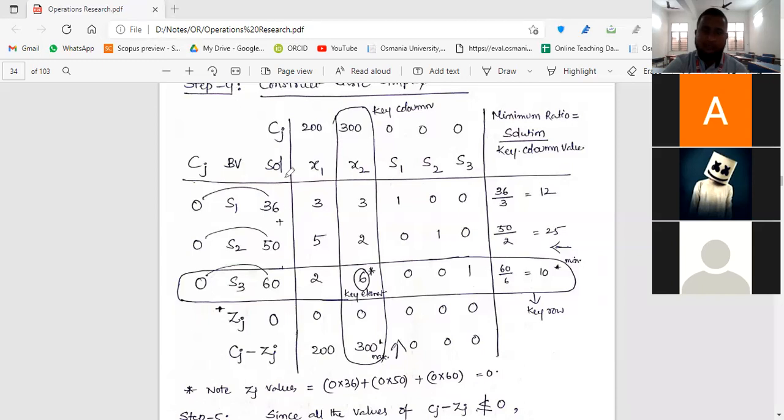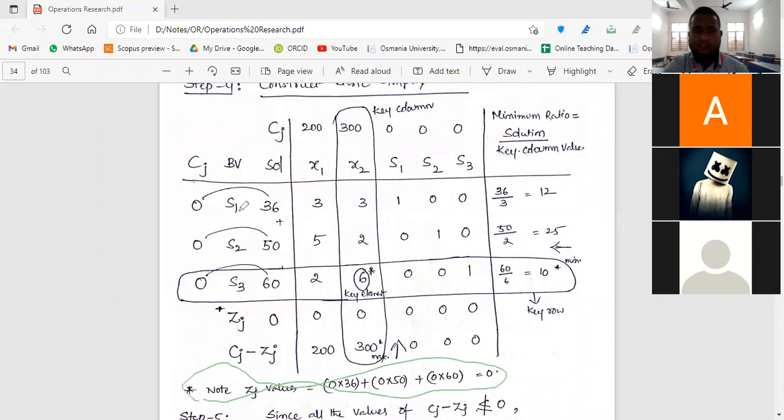Can anyone respond? 0 into 36 plus 0 into 50 plus 0 into 60. 0, correct, because 0 into 36 is 0, plus 0 plus 0. So Zj is 0. Similarly, 0 into 3 plus 0 into 5 plus 0 into 2, how much? 0. Like this, you have to find out the Zj values.